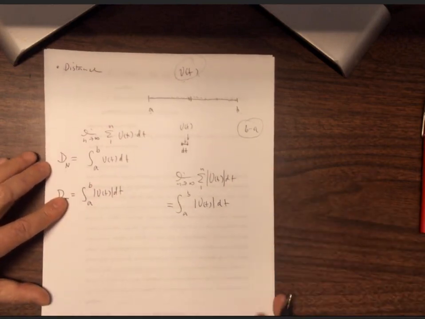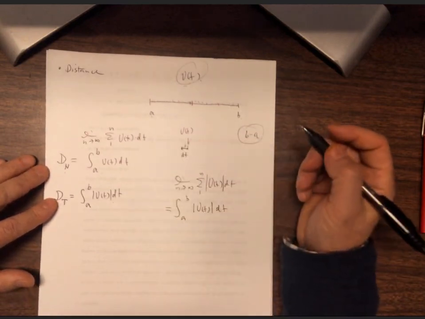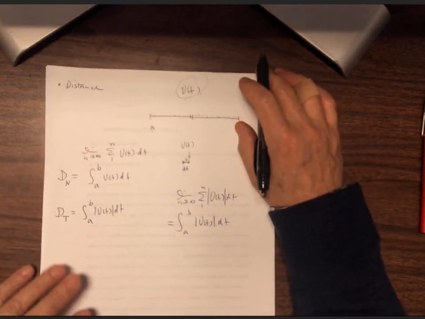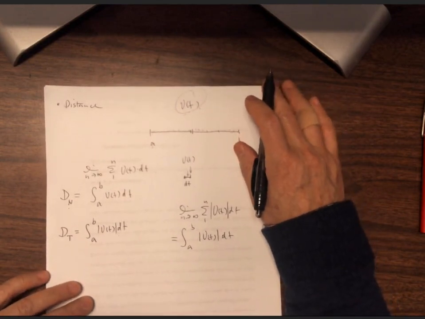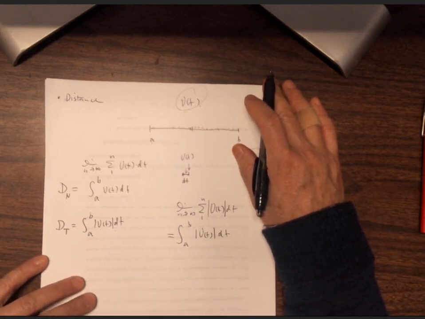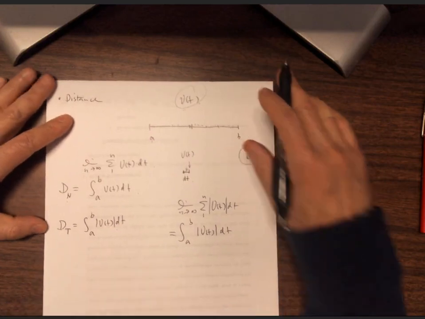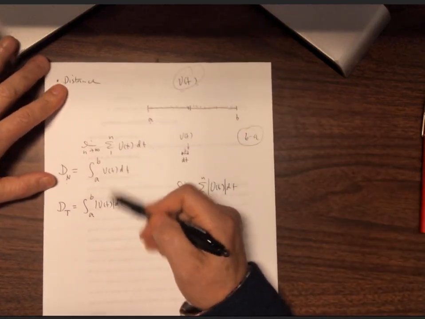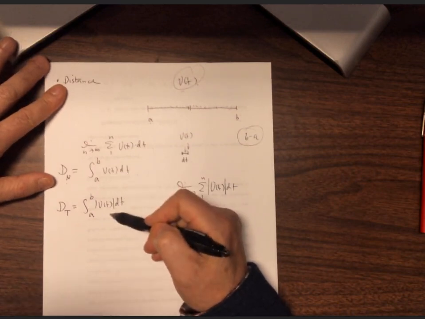Alright, so this is how we determine different types of distance traveled using the Riemann sum. In physics, we end up with really just two definite integrals.